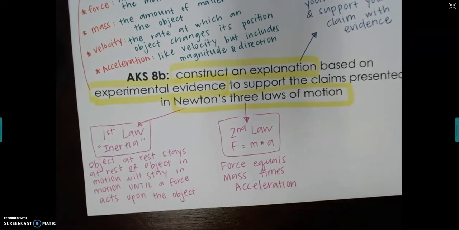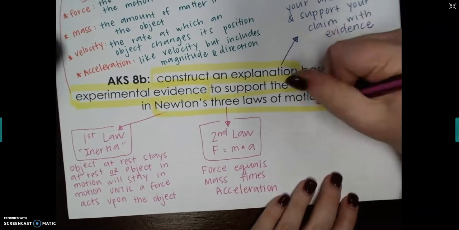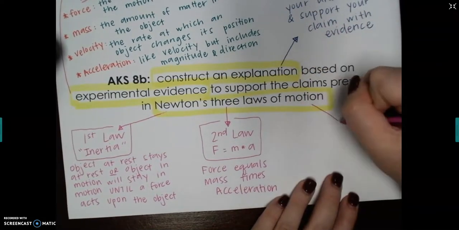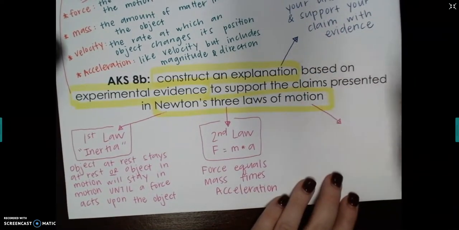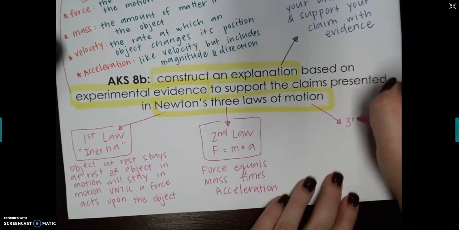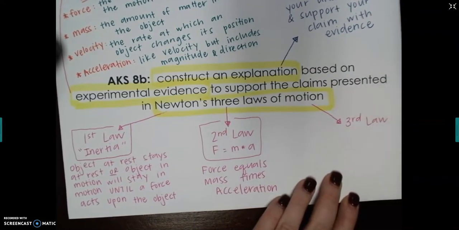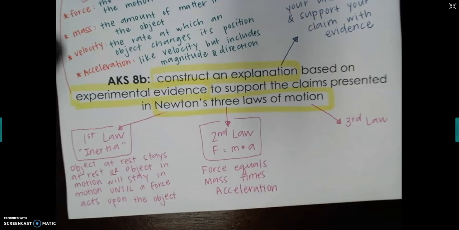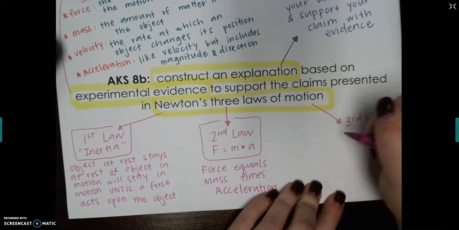Our third law of motion, we'll draw over here. Our third law has to do with equal and opposite pairs. So that's what we're going to write.